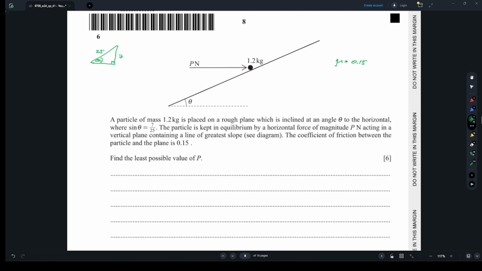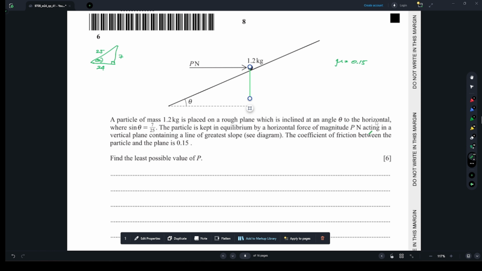So by using Pythagoras, you can find the adjacent, which is 24. So with this one, you can write what is the cos value also. Now let's indicate what are the forces acting on this. So we have the weight here.